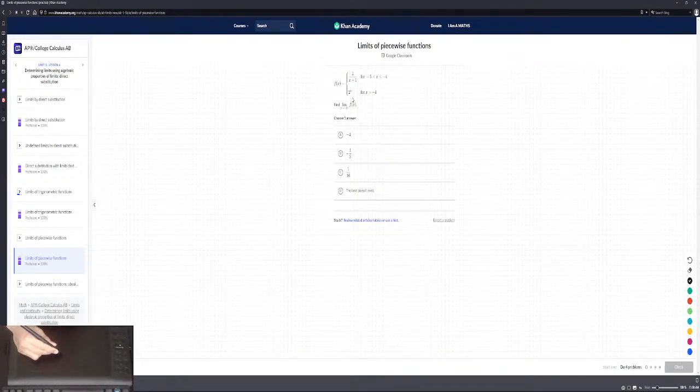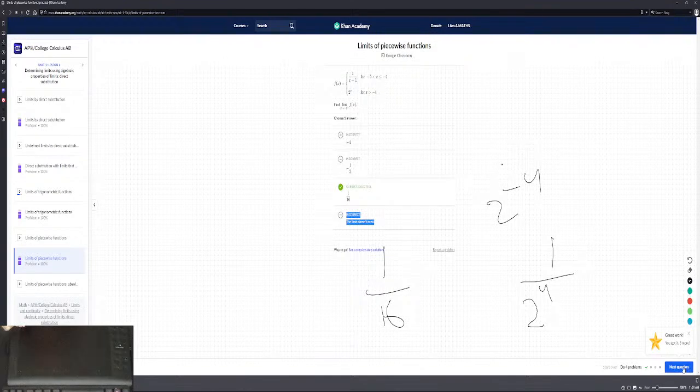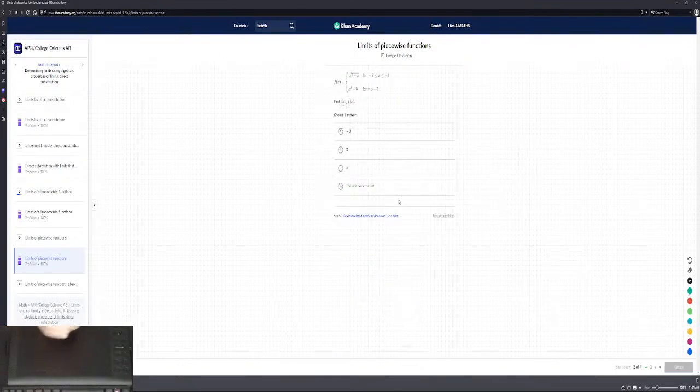Approaching negative 4 from the positive side, it is 1 over 2 to the 4th power, and that would be 1 over 16. Approaching negative 3, both sides matter.